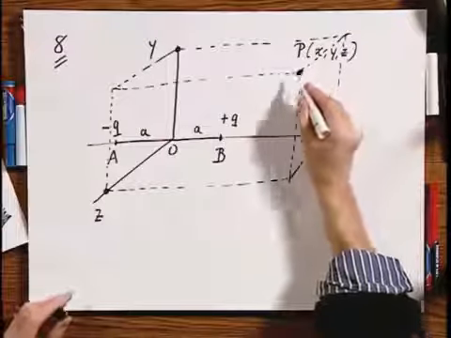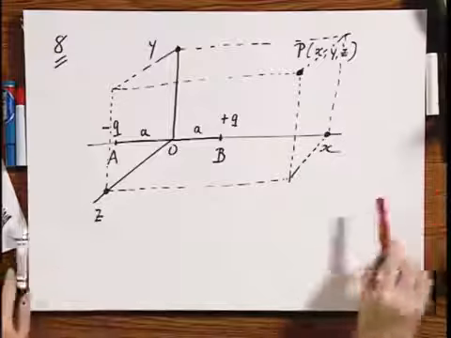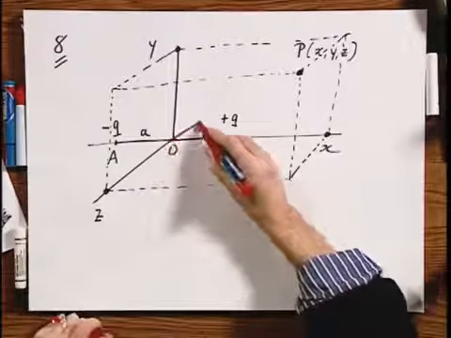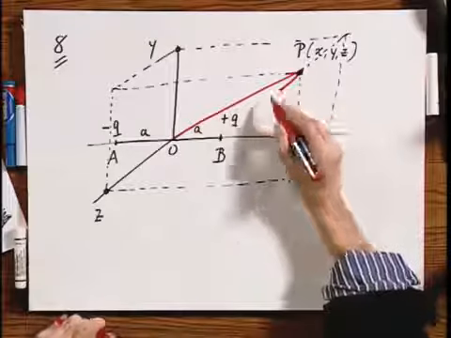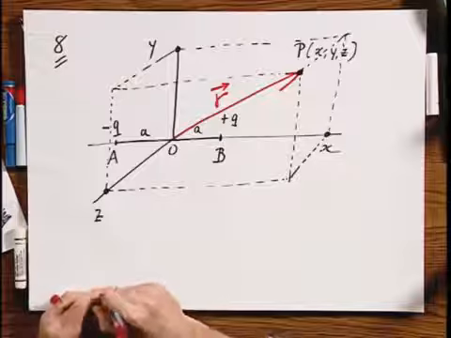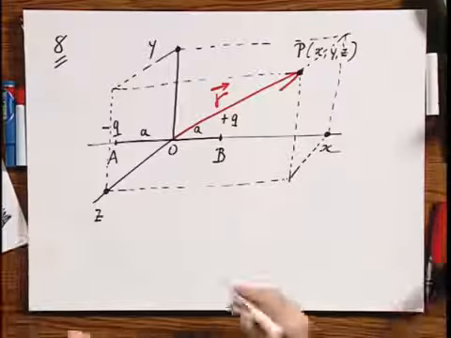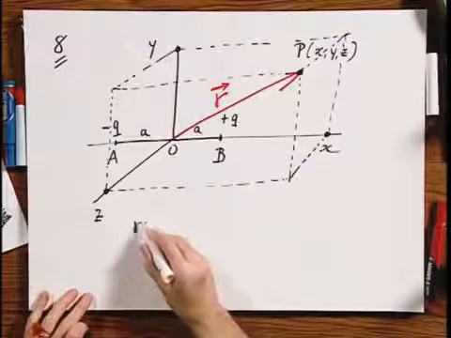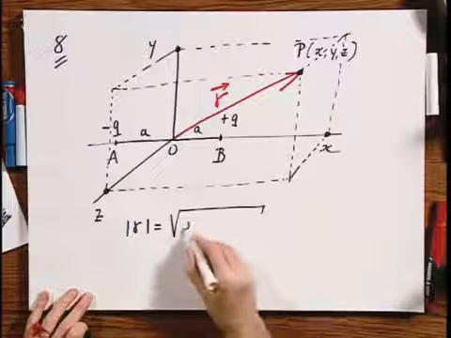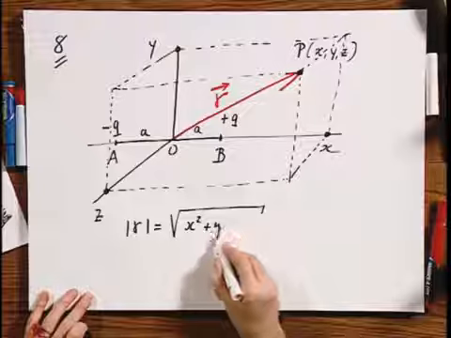And at the corner of the box here is that point P. And the vector from the origin to point P is this vector, and I call that vector R. And it is immediately obvious that R, the magnitude of R, equals the square root of x squared plus y squared plus z squared.